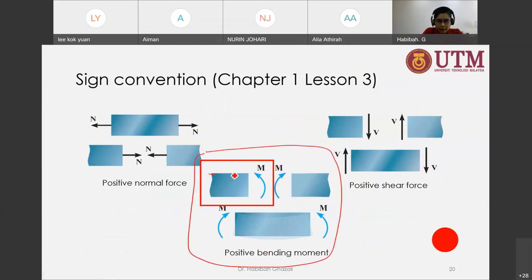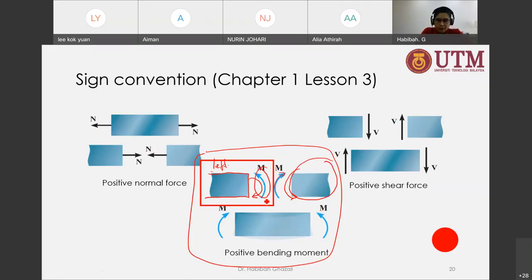If we are taking the internal moment or force for the left side of the beam, this moment is positive. So when it's like that, it is negative. In contrast, if we take it from this side, this is going to be positive and this is negative. So always go back to this sign convention. This is the internal moment diagram.